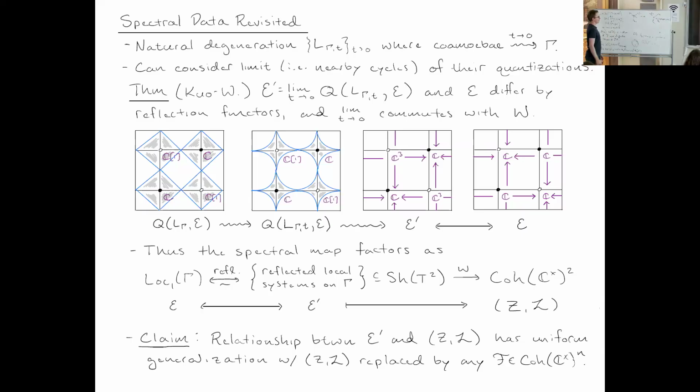We've adapted our point of view a little bit to reframe it in terms of a constructible sheaf supported on the graph and its mirror. And now the claim is that that is something that we can generalize. Questions before I change slides again?